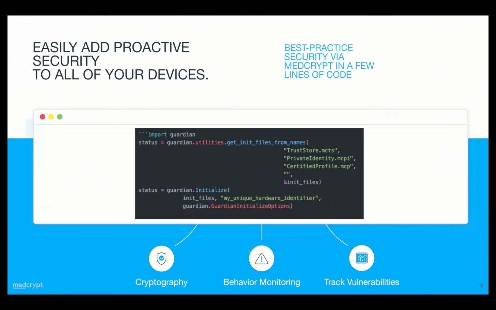To be able to easily add proactive security to medical devices, as an organization we put ourselves in the shoes of an MDM product development team when developing our own solutions. And we said, there's a couple key things that we need. One, we need to build reusable security tools that are also scalable.